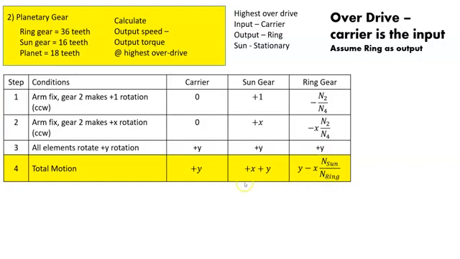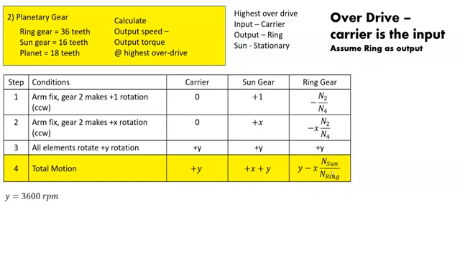Okay, so we've got these three equations that we're going to work with, and we've got a value of Y, which is 3600. We also know that in this scenario the sun gear is stationary, so that equals 0. What we really are trying to find out is the output speed of the ring gear.